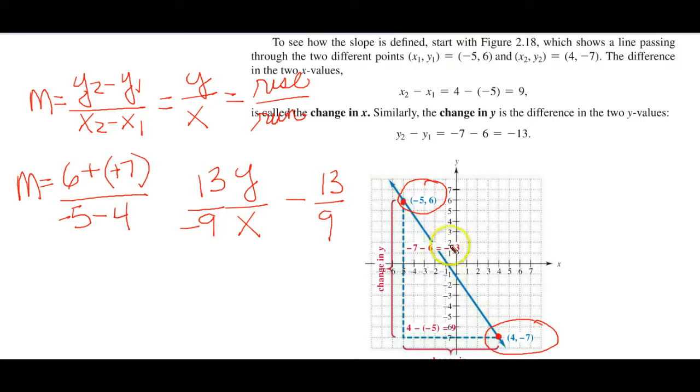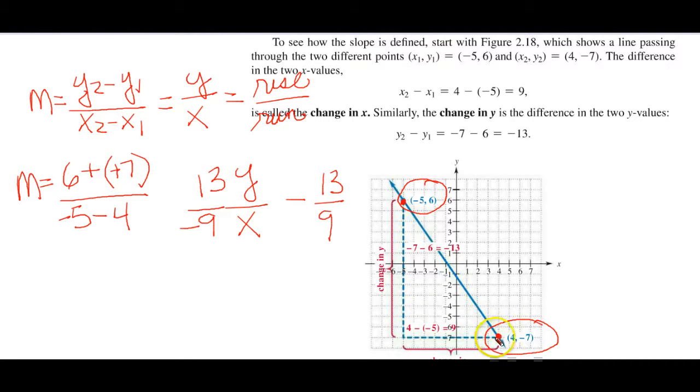So I can use ordered pairs that are along the line, or I can make this triangle and physically count the units. Now if I started here, and went down, that's a negative direction. So our 13 would have been negative, and then going this way it would be positive.